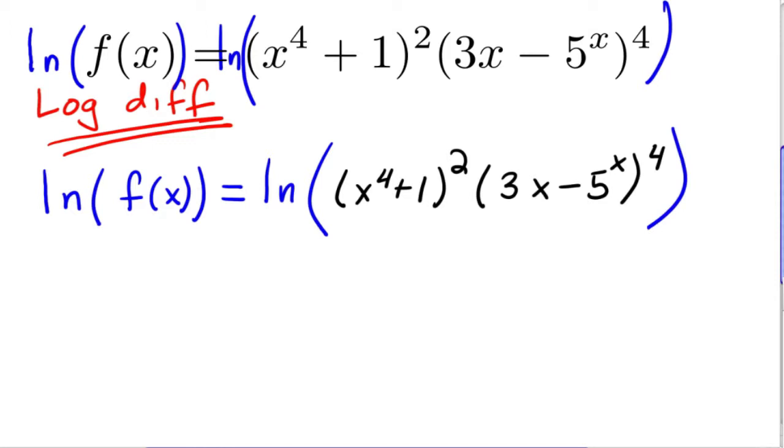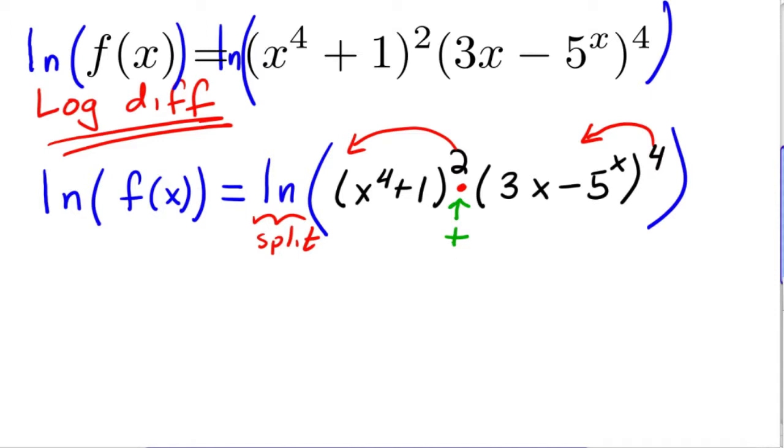Okay, and so then what you do is you split this up, and remember our fast way to split it up was we bring the exponents down. They're going to come down, and then if the factors are multiplying, that's going to turn into an addition between the logs, and if you're dividing, you subtract.